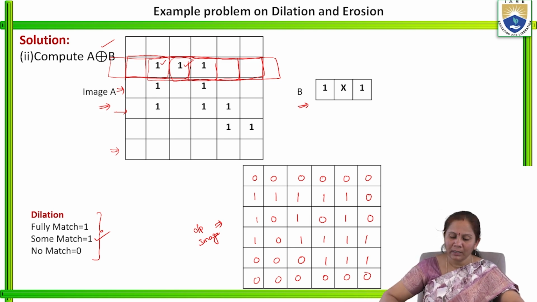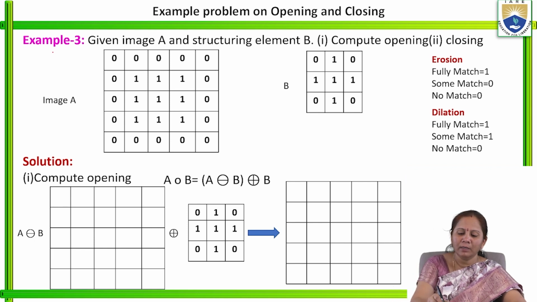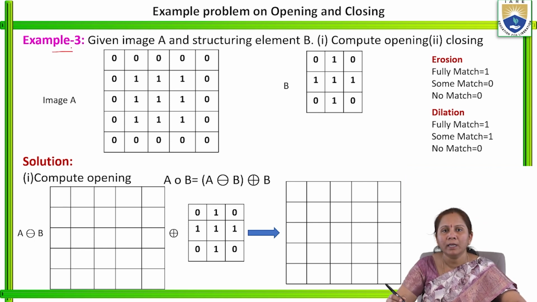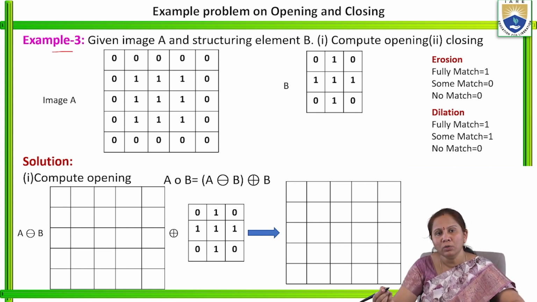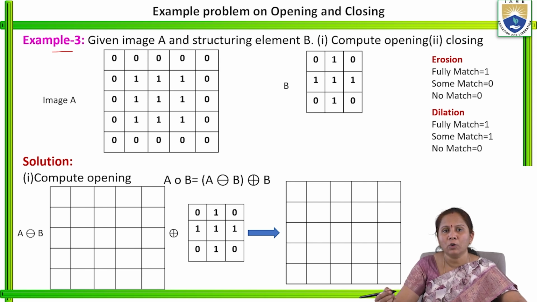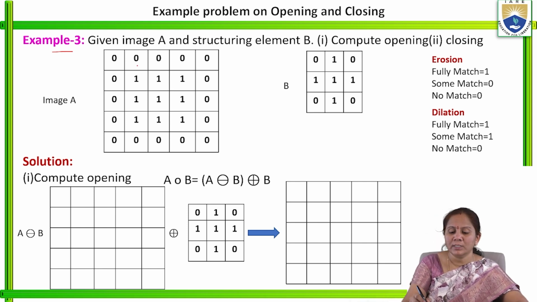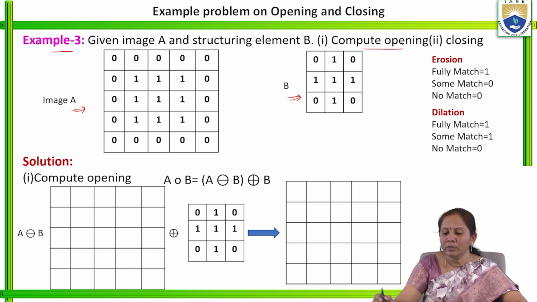Now let us see one more example related to opening and closing. As we know, opening and closing concepts are based on, again, erosion and dilation. So this is the given image A, and here is the structuring element B. They are asking to compute the opening operation and closing operation.